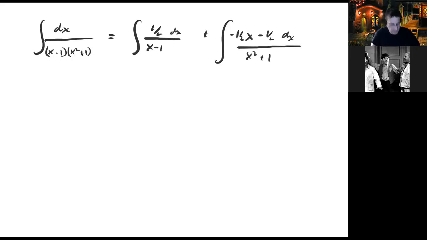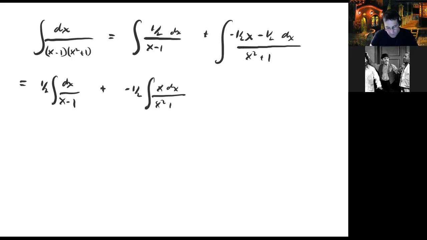Okay, so let's try to integrate this. Now, the first term is 1/2 dx over x minus 1. The second integral on the right, I can break up the numerator of the fraction, and it becomes two fractions, and I can bring the constants out. And what I get is minus a half the integral of x dx over x squared plus 1. That's one of the integrals. And the other integral is minus a half dx over, let me write it as 1 plus x squared.